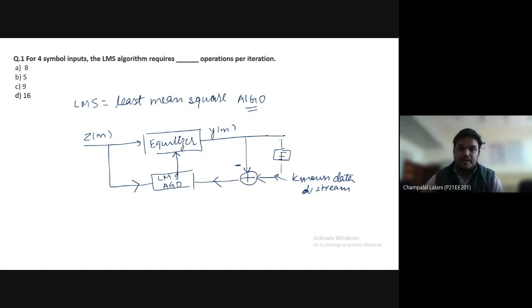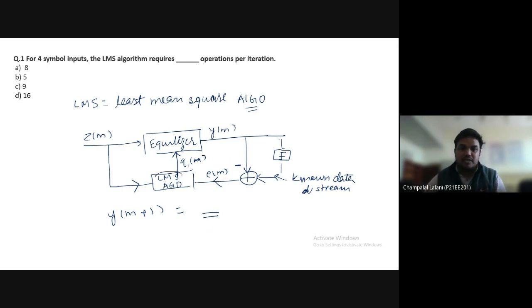The output of the LMS algorithm will be given to the equalizer. So it's a kind of feedback technique that predicts the error that may occur in the next output, and predicts what the next outputs are going to be. This is how the LMS algorithm works, and this is how it reduces the error.